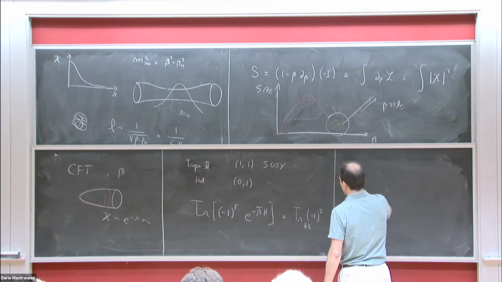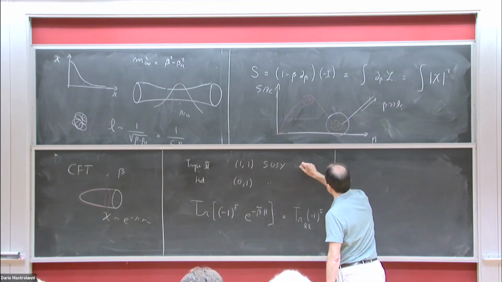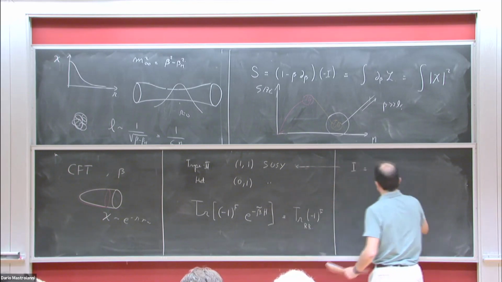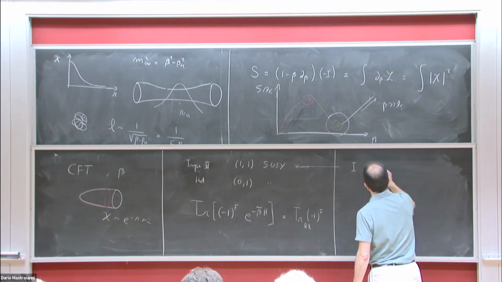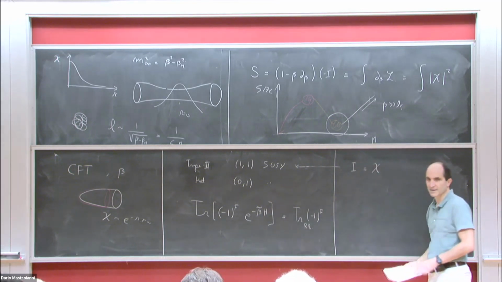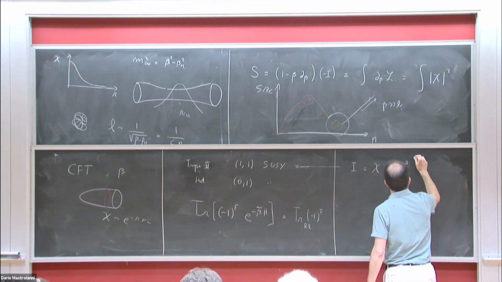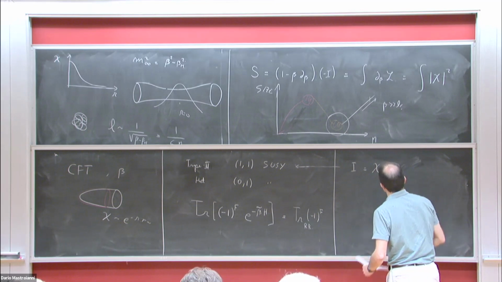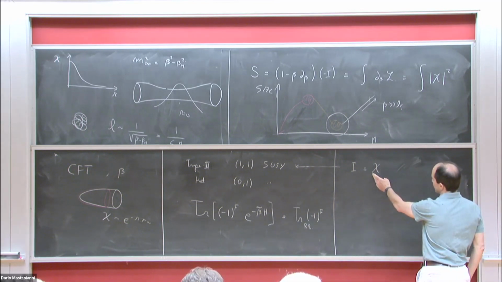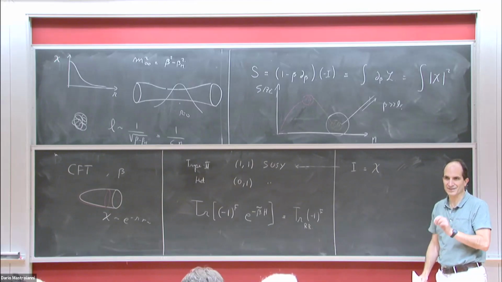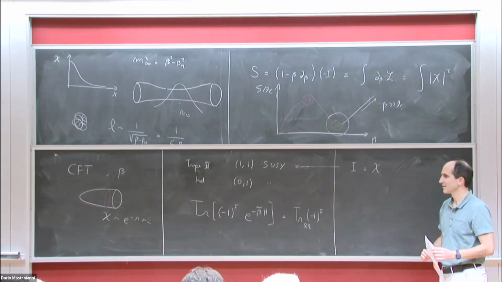The point is, let's consider first this case. Then the index is related to the Euler characteristic of the target space. The Euler characteristic is the sum over differential forms with (-1) to the degree of the differential form.